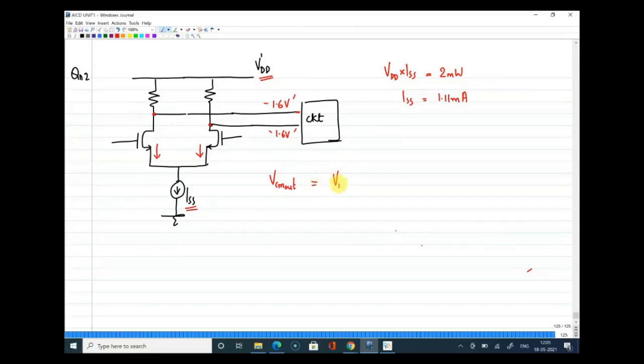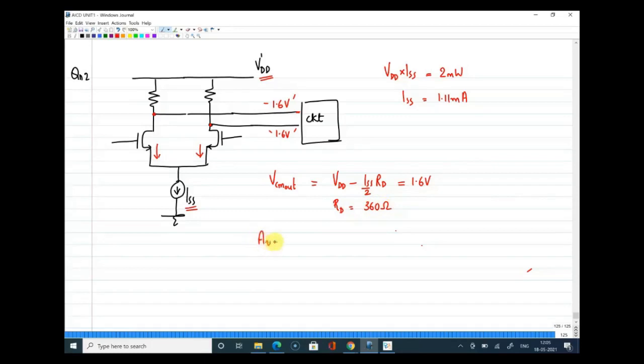What is the output DC level of this circuit? It is VDD minus ISS by 2 into RD, and it is given that it should be equal to 1.6 volt. The output DC level of the circuit should be equal to 1.6 volt. In this, all quantities are known. You can directly find RD, and you will get the RD value as 0.36K or 360 ohms.